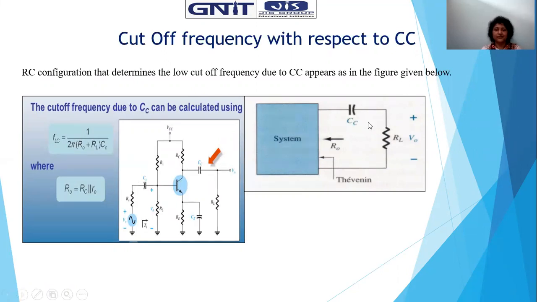Then we need to Thevenize that network, so we need the equivalent network. Then we will find RO, why it has this expression, and the lower cutoff frequency expression, once we get the total equivalent impedance of that resistive transistor amplifier network.